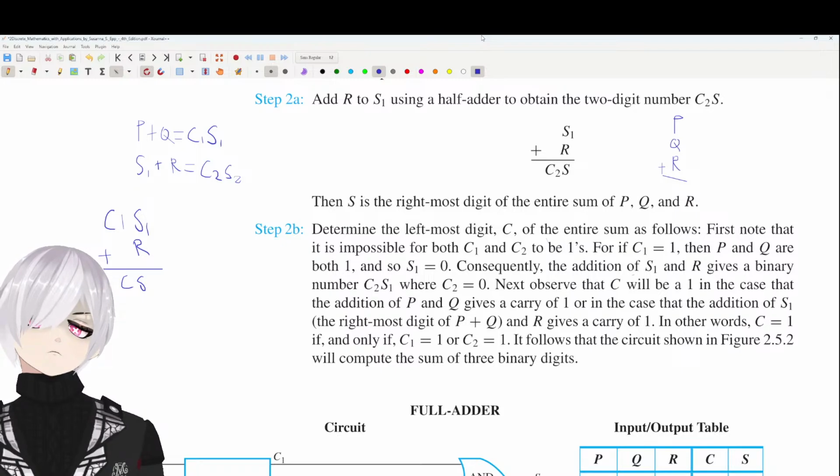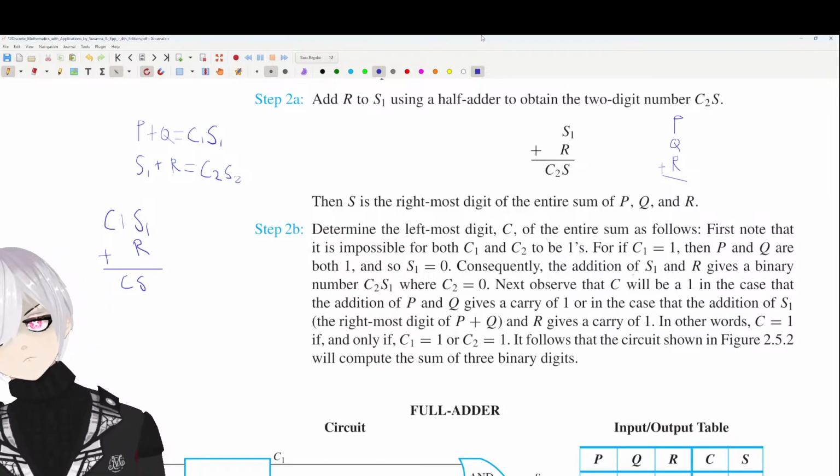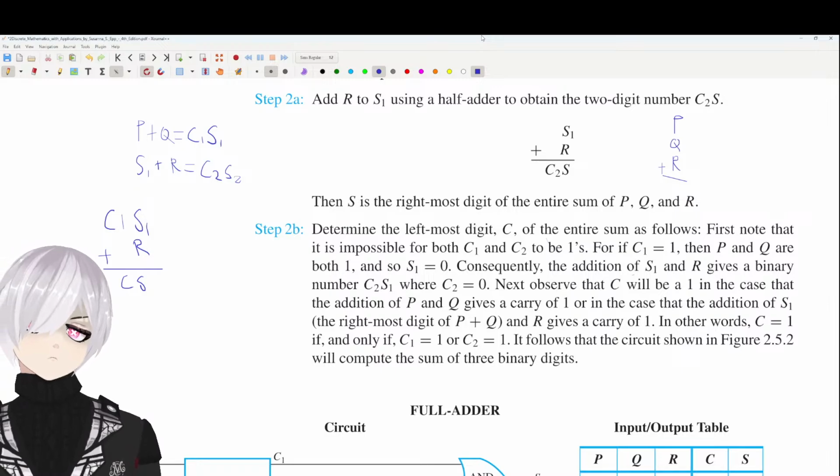We don't need to worry, because if C2 is 0, S1 plus R is just S, and then the C is just going to be C1. But then we've got to worry if S1 plus R is like 1 0, and then we've got to carry the 1 and do 1 plus C1. So let's see what they say next.